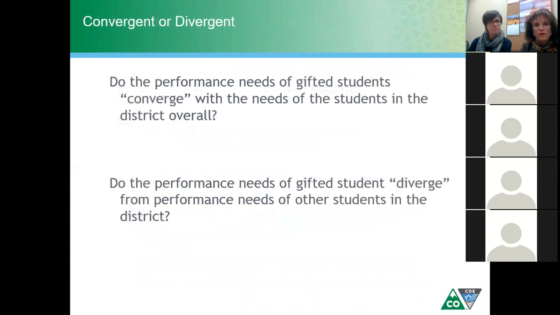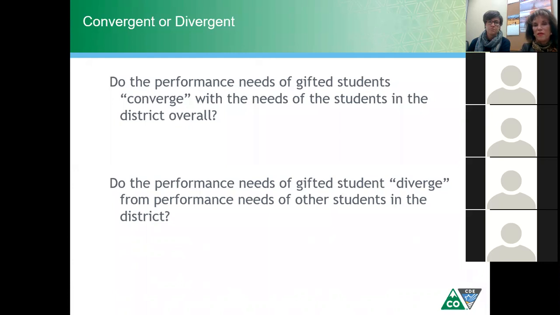Two important concepts when we're looking at performance challenge: convergent and divergent. They are very important because they will influence the next steps in your UIP development. As you're defining your performance challenge for gifted students, you need to ask yourself, do these performance needs of gifted students converge with the needs of the students in the district overall?